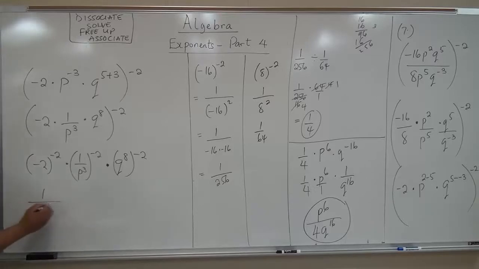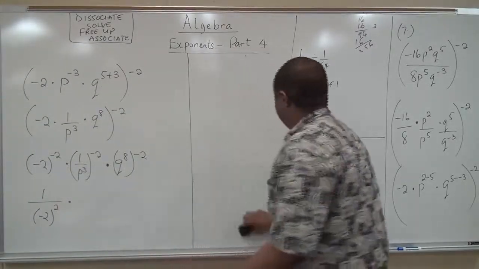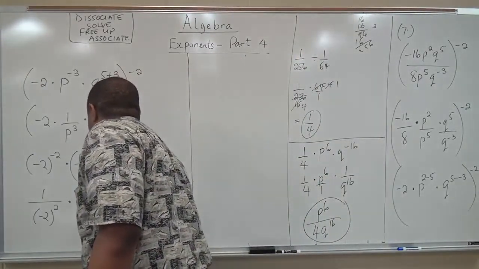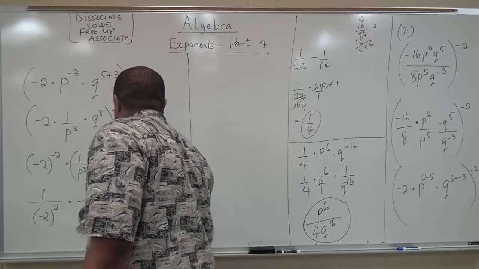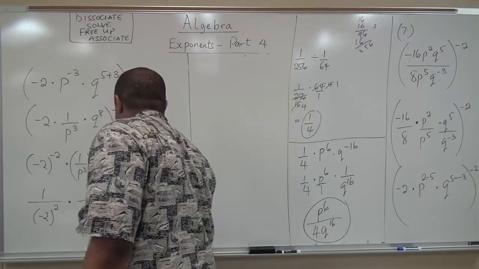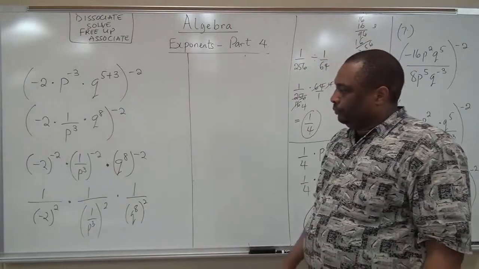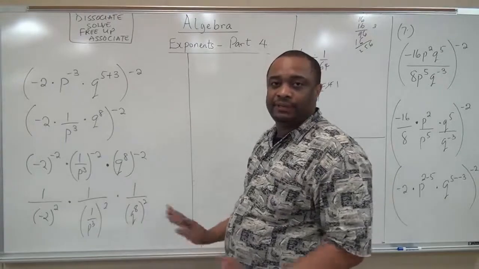Okay, this is 1 over negative 2 all squared times, now there's something I want to show you here. This is still 1 over, then 1 over P cubed, all exponent 2, times 1 over Q8, all exponent 2. Right? So you can kind of do the denominators first.